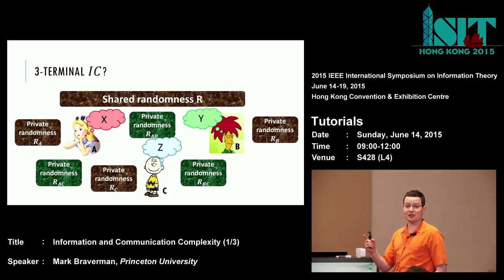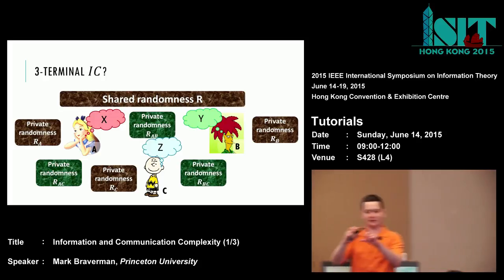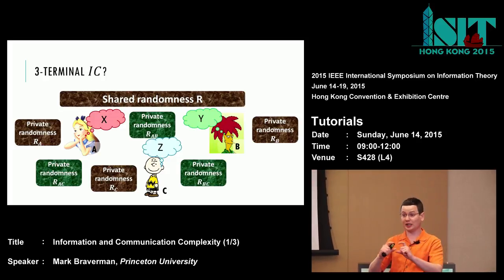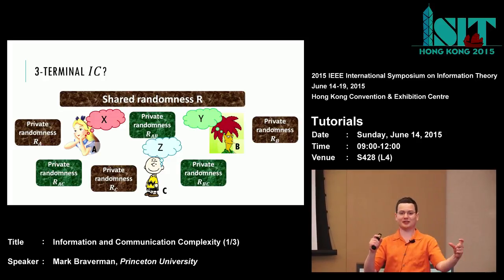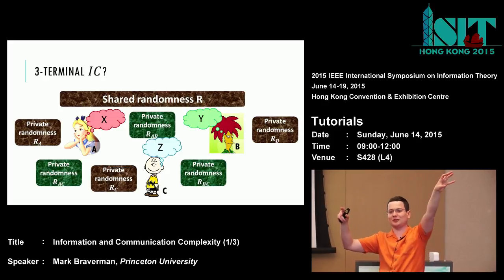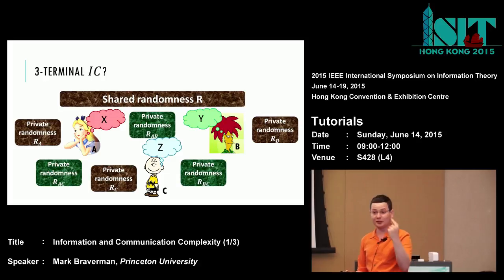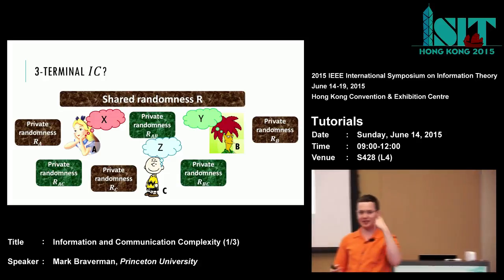So for communication, it doesn't matter because we may as well make all randomness public. It's actually an interesting duality, because for communication, public randomness is strictly better than private randomness, because we can always designate part of the public randomness to only belong to Alice and pretend that's the case. Interestingly, for information complexity, it's the exact opposite.